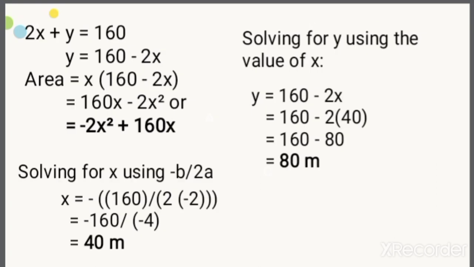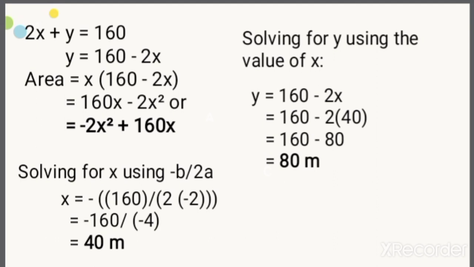To transfer the 2x to the other side, we will use the additive inverse. So we have y equals 160 minus 2x. Then we have area equals x times the value of y, which is 160 minus 2x.